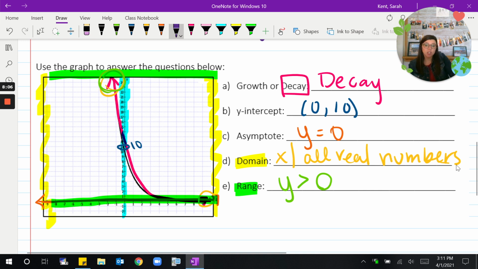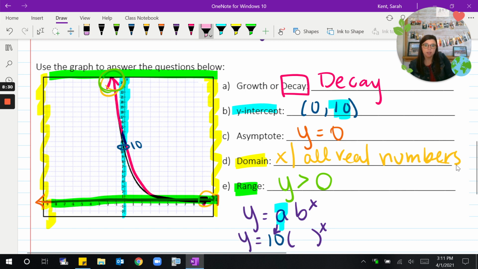And again, if I want to look at that equation, y equals a b to the x, for a, I would look at the y-intercept. Here it's 10, so I would plug in 10. And then for the b, I would look at the growth or decay.